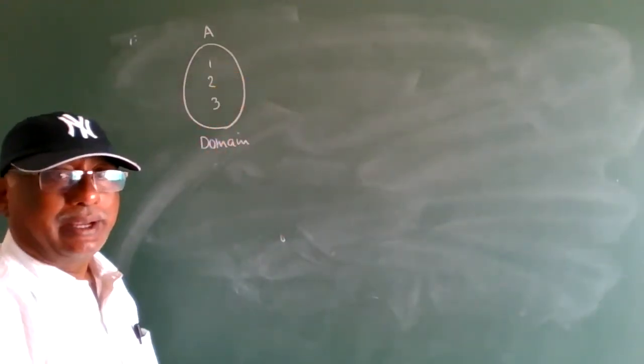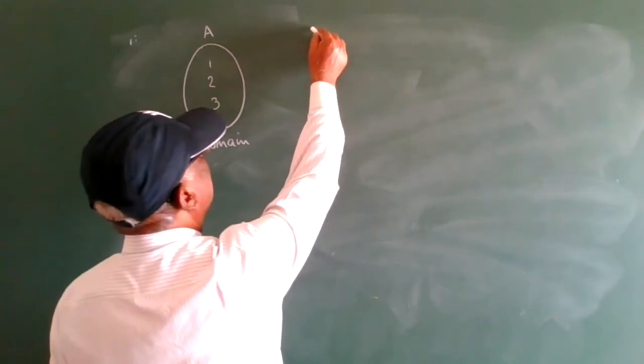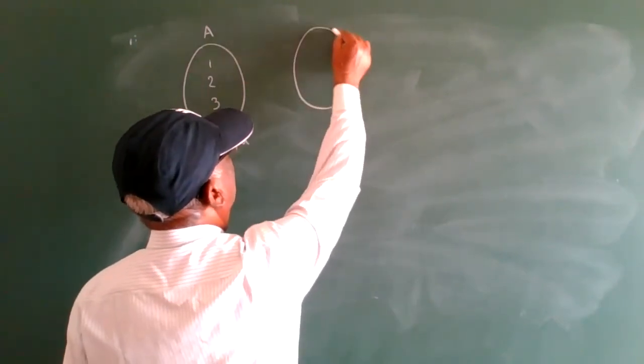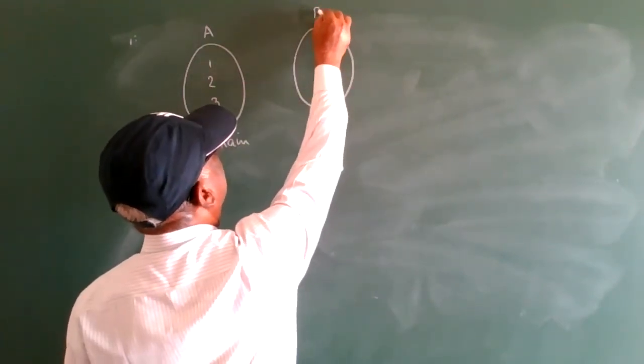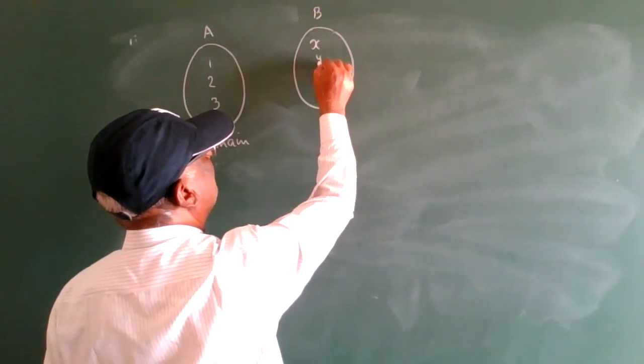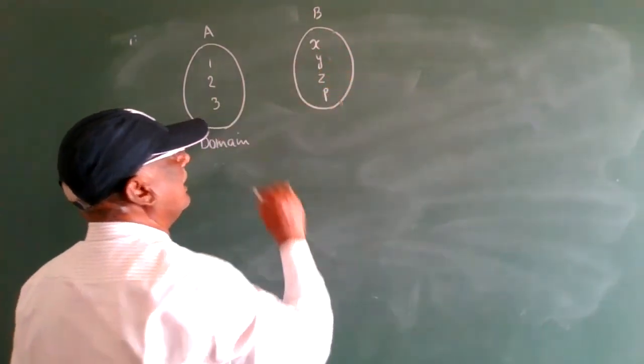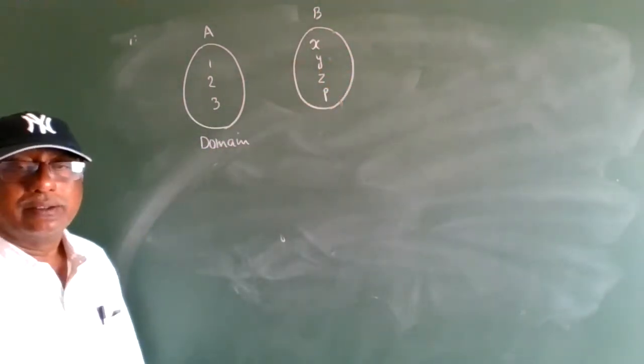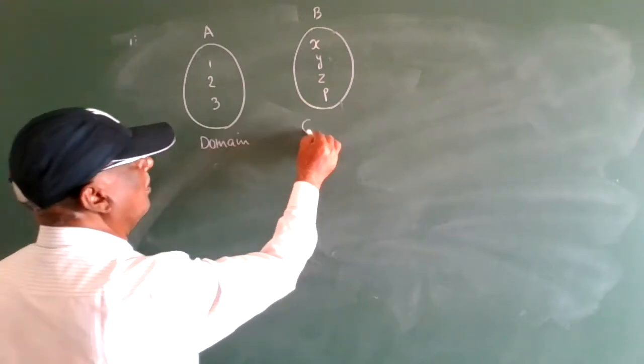Next, the B set, with elements X, Y, Z, P. This is called the codomain.